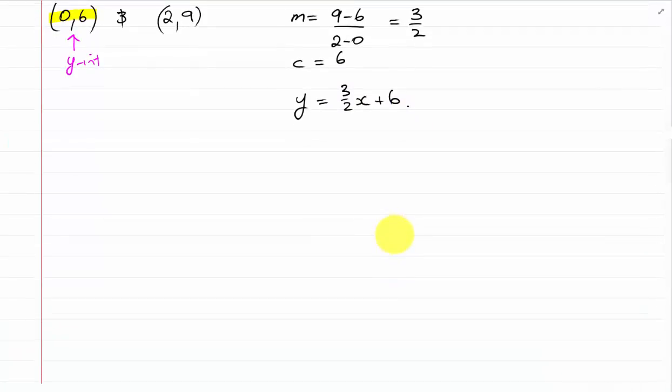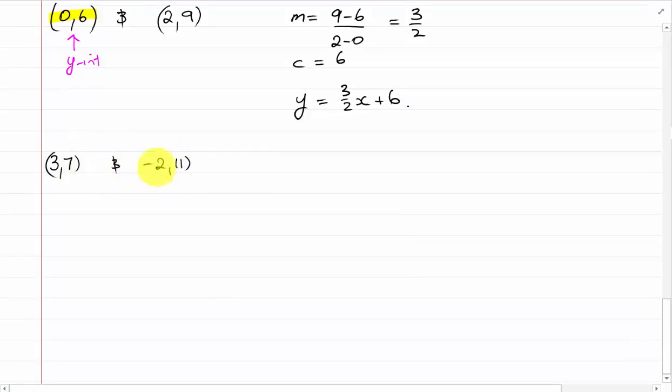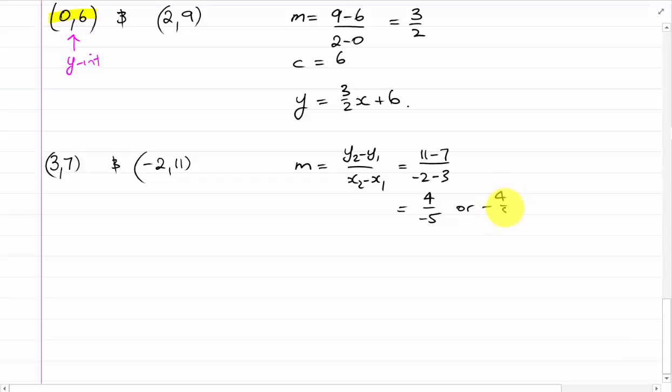Now let's have a look at another example: (3, 7) and (negative 2, 11). In this example we just follow the same procedures. m is equal to y2 minus y1 over x2 minus x1, which is 11 minus 7 over negative 2 minus 3, and that's equal to 4 over negative 5, or negative 4/5.